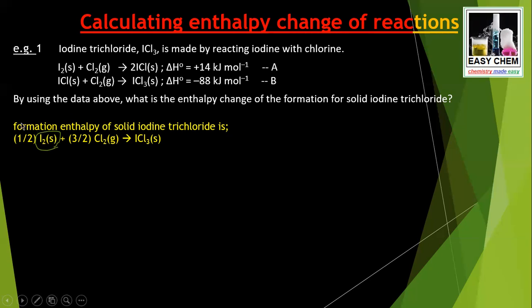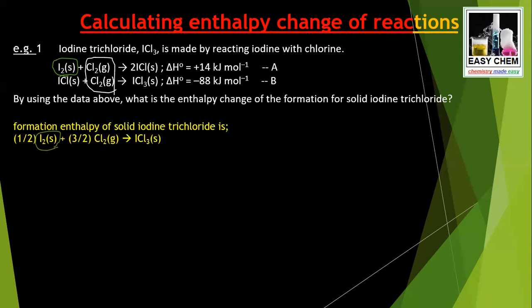Iodine is on the left-hand side. Similarly, look at equation A. In A also, iodine is on the left-hand side. If substances present in the final balanced equation are present in the given equations on the same side, it means we have less trouble.